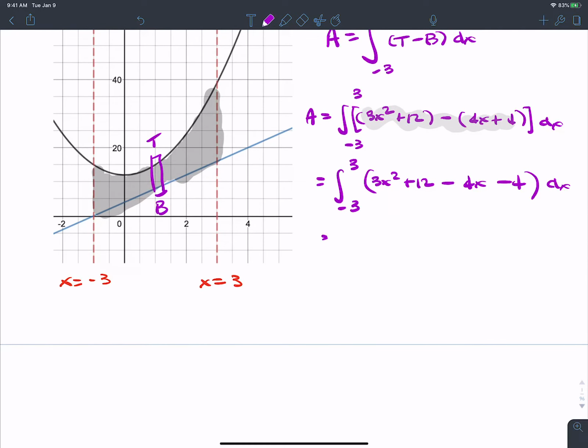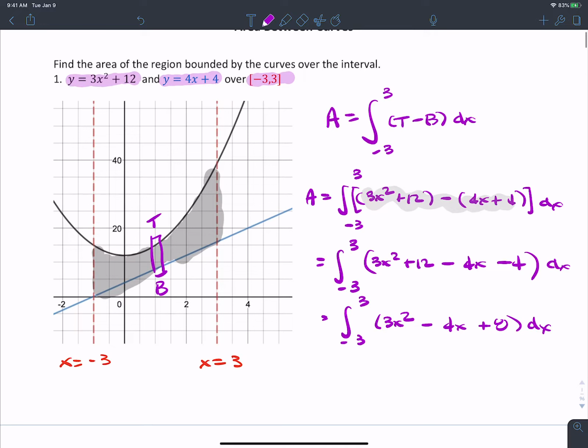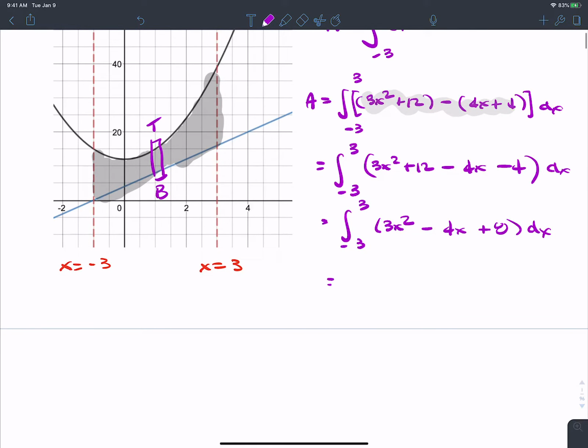So we're going to integrate from -3 to +3, 3x squared minus 4x plus that 8. So ladies and gentlemen, here's what you're going to have to do to find this area between two curves. Now you're going to have to use properties of integration, your power rule, right? Find the antiderivative, evaluated at +3 and -3. So this is what we're going to have to do.